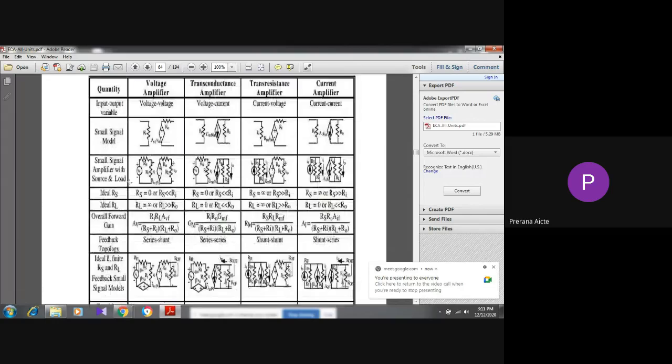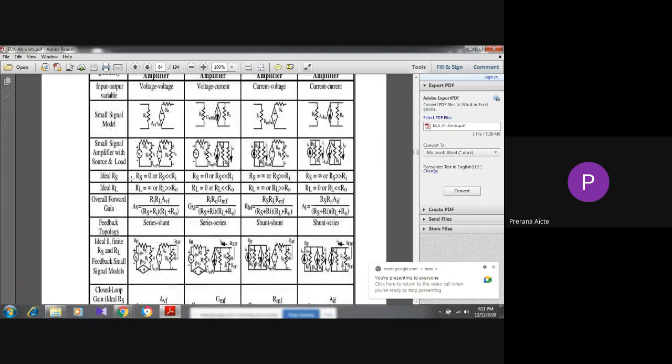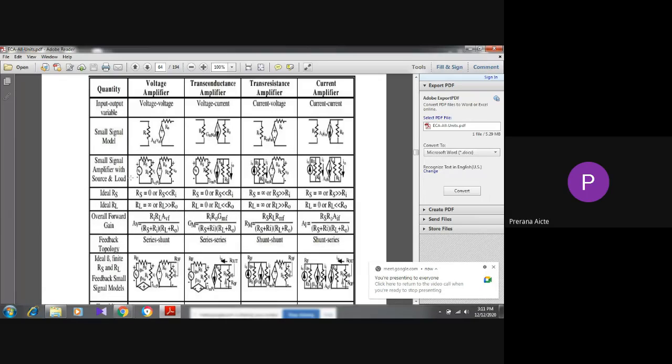Please go through these values, it is very important. Just go through this table for a few minutes. Later, I will move to the next topic.